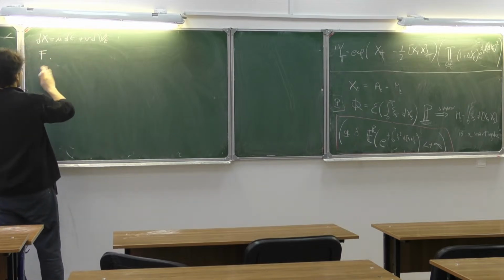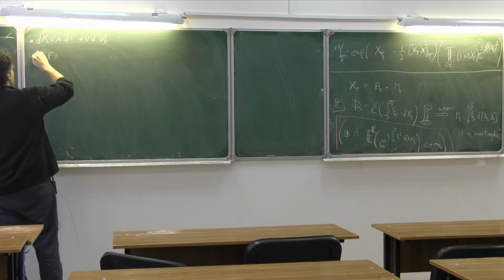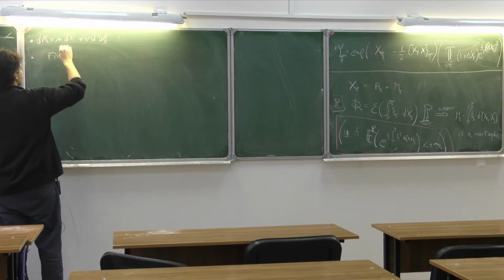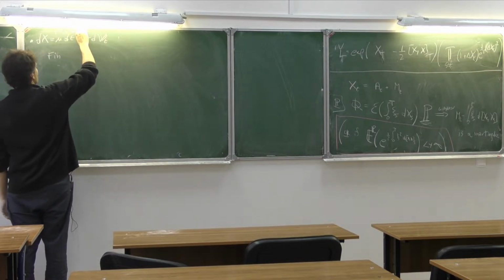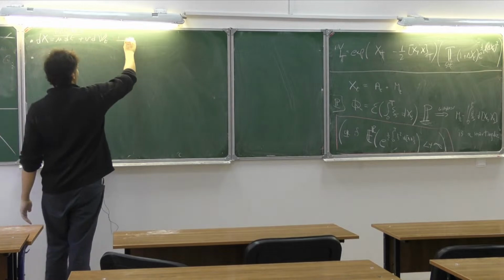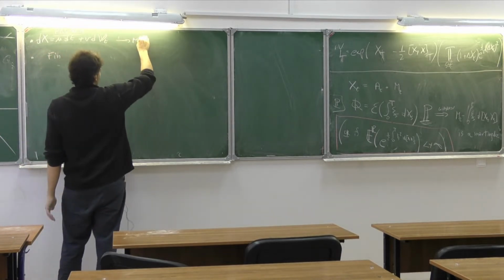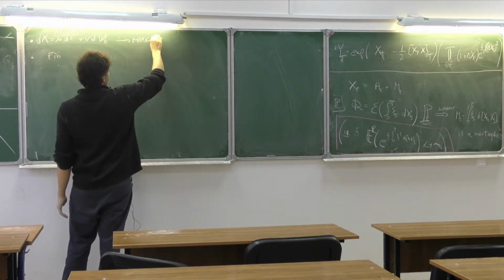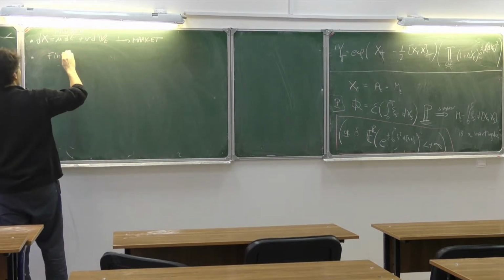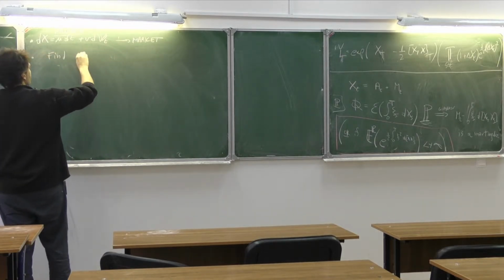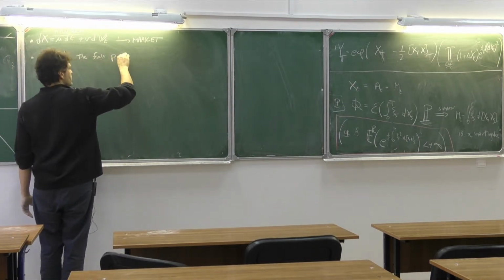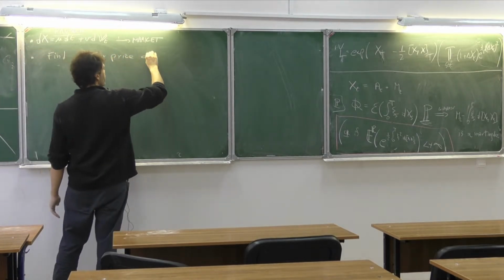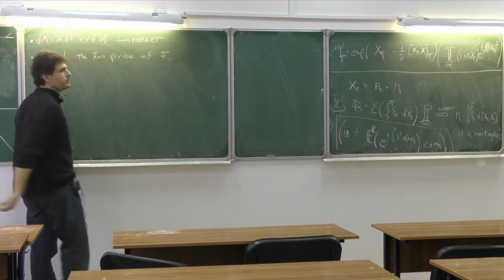This is the market, a model of the market first, and the problem is to find the fair price of the contingent contract F.